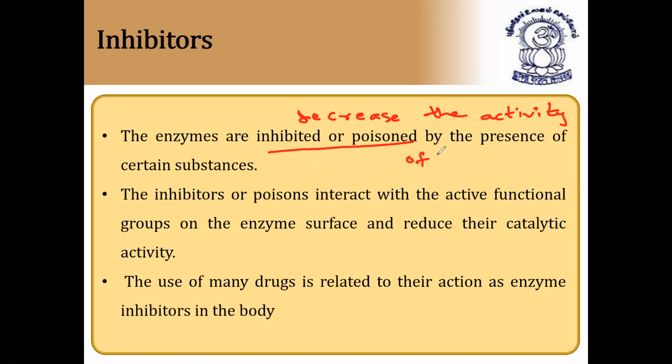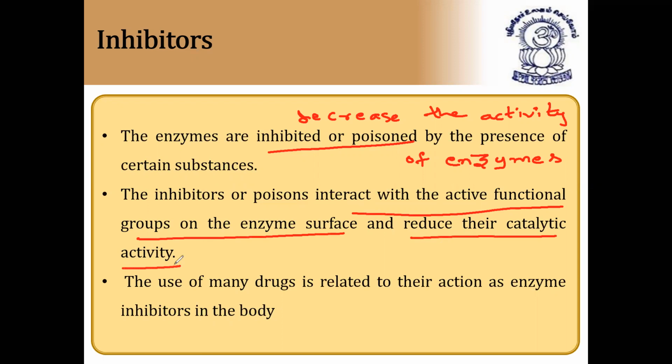So the enzymes are inhibited or poisoned by the presence of certain substances. The inhibitors or poisons interact with the active functional groups on the enzyme surface and reduce the catalytic activity.